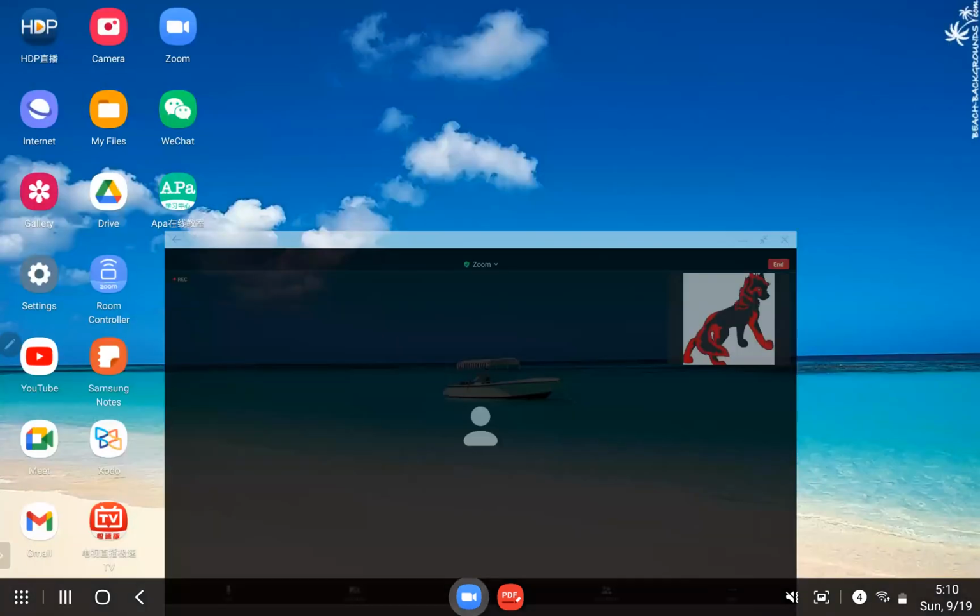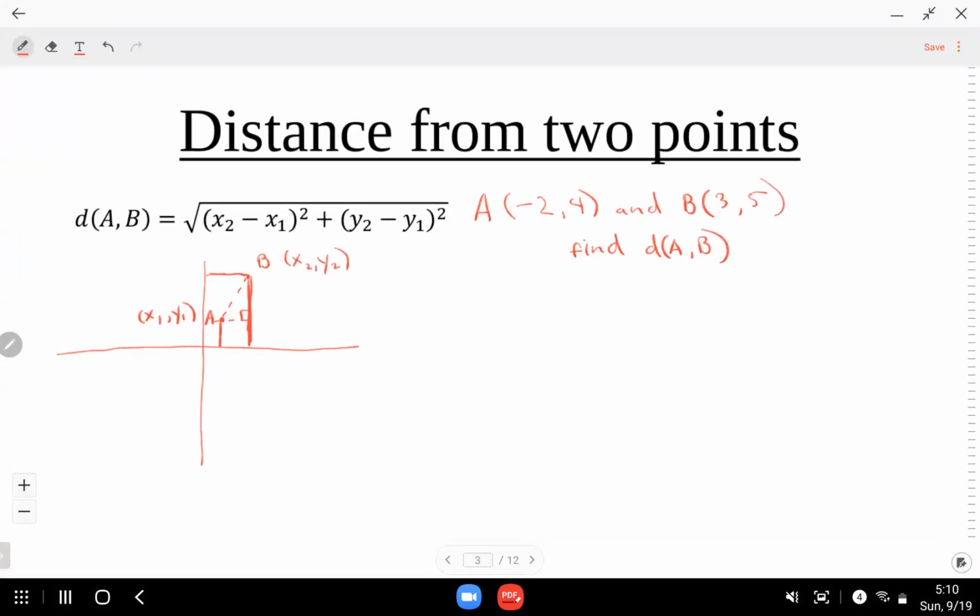All right, let's see if that is correct. So we need to use our formula. The square root of x2 minus x1. In this case, this is x2, y2, x1, y1. All right, so 3 plus 2 squared plus 5 minus 4 squared.